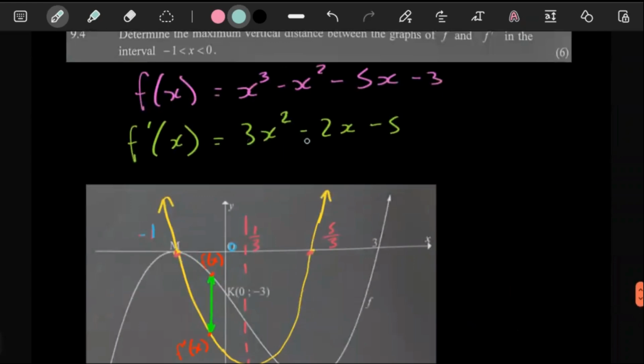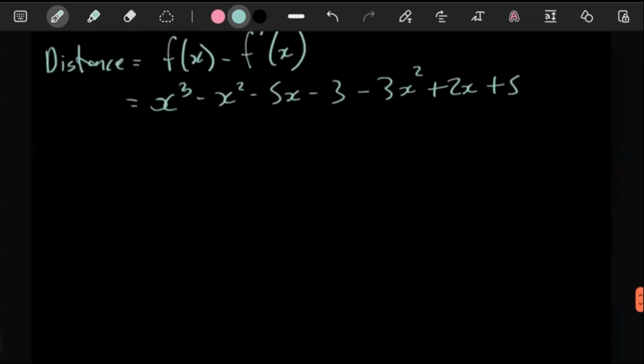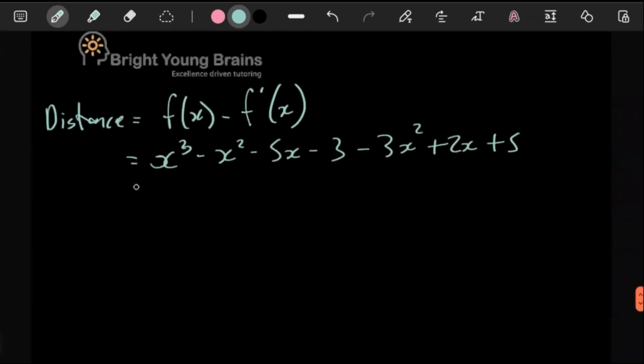So this becomes a minus, this becomes a plus, this becomes a plus. That's the equation of your distance. You can simplify it: x cubed, this minus this is negative 4x squared. Negative 5 plus 2 is negative 3x. And then negative 3 plus 5 is a positive 2. Very nice, we have our distance equation.